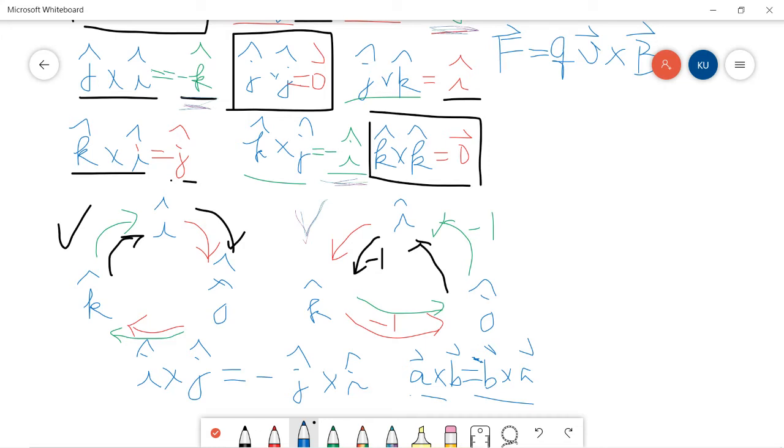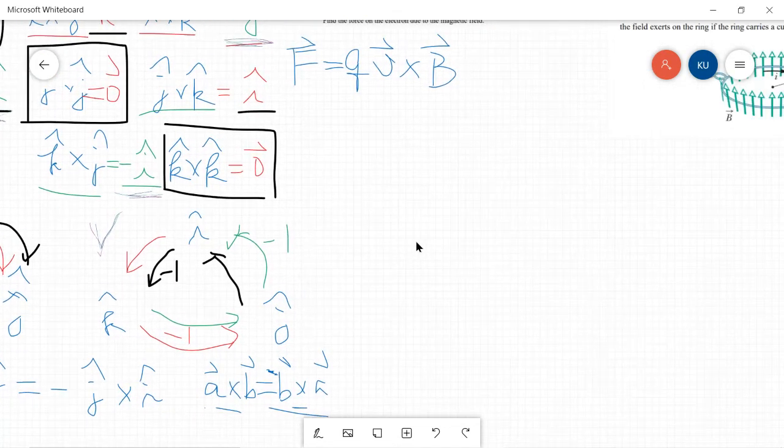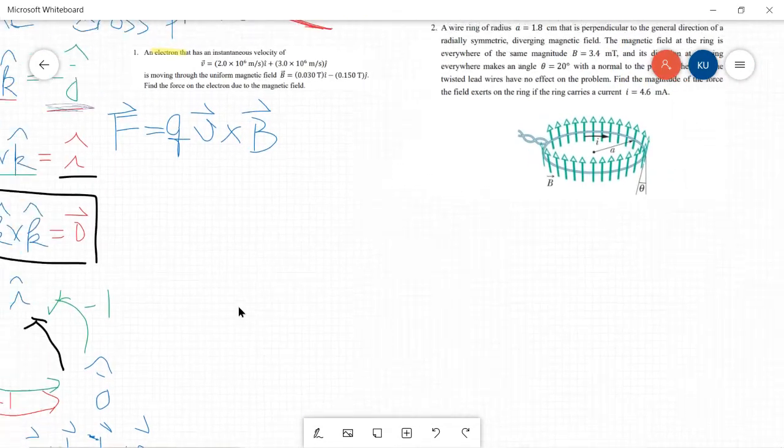And for sure, you shouldn't ignore this cross sign, because it's not the scalar case, where you can just drop it. But for vectors, you may have dot product, cross product. So you should write it adequately.